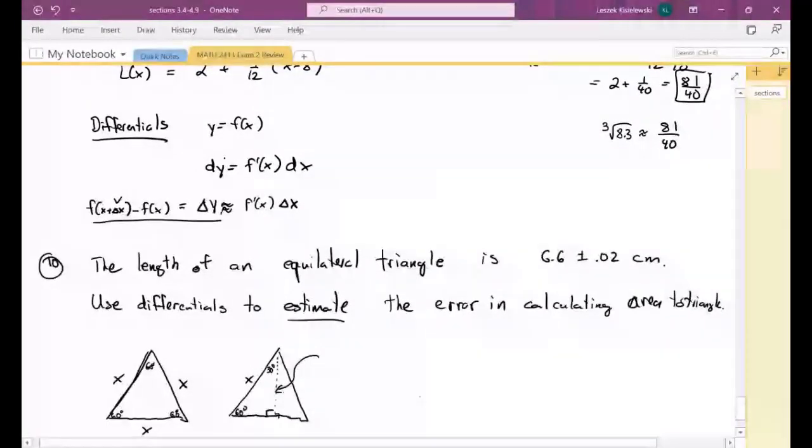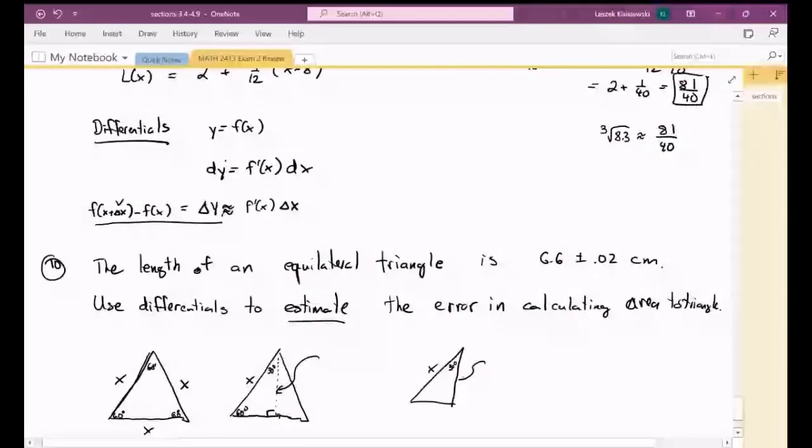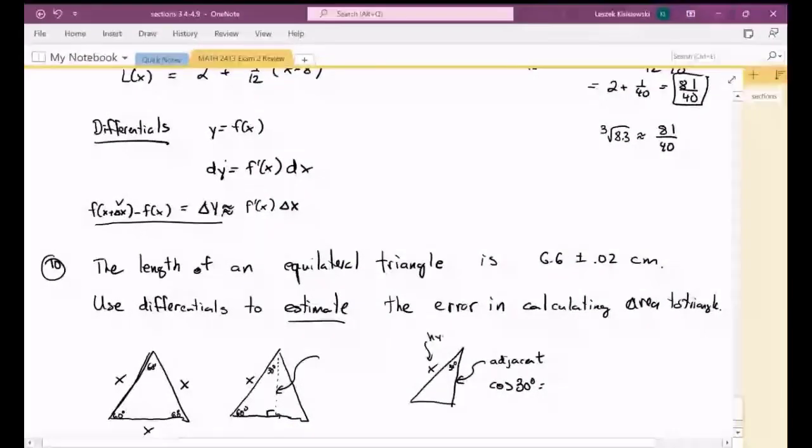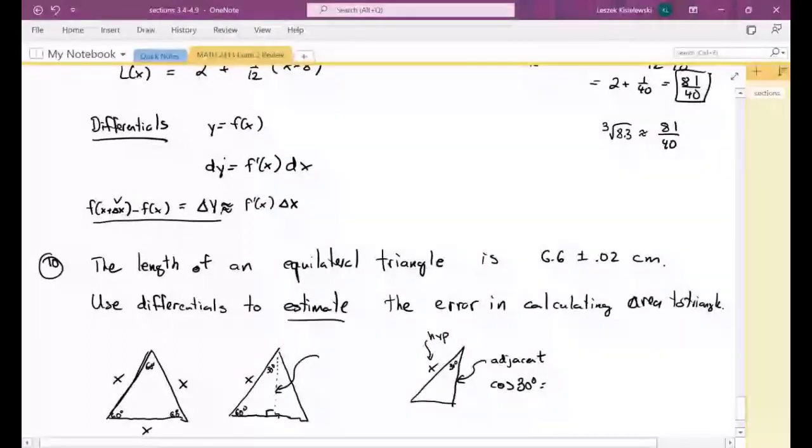Using trigonometry. Hypotenuse is x. This angle is 30 degrees, and we want to relate x to the side adjacent to that 30-degree angle. Which trig function are we going to use? Well, cosine does the job, right? Relating adjacent side to the hypotenuse, just in case you come in for physics help next semester.